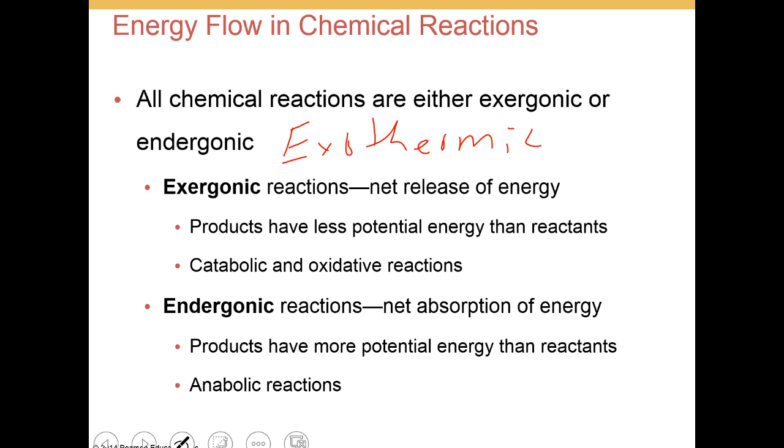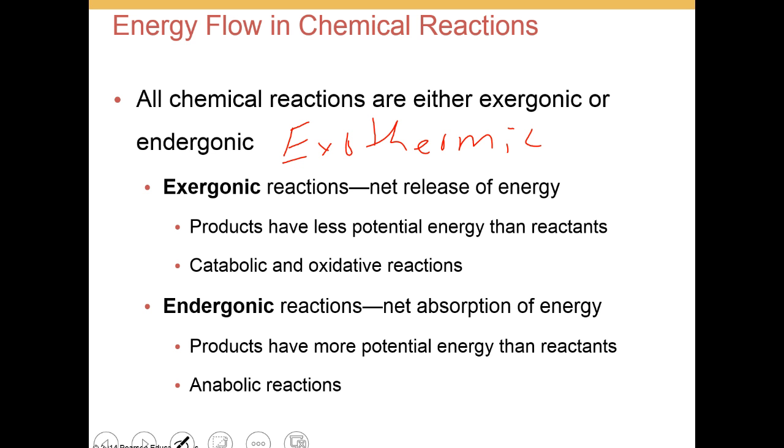Exergonic reactions release some energy. Often that energy is released as heat energy, but some of the energy may have been released as energy to do some cellular work. So instead of simply calling it exothermic, we call it exergonic because some of the energy could have gone into producing cellular work. In an exergonic reaction, the products have less potential energy than the reactants.